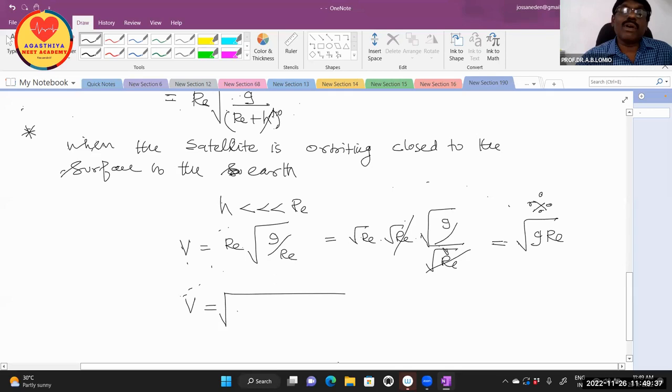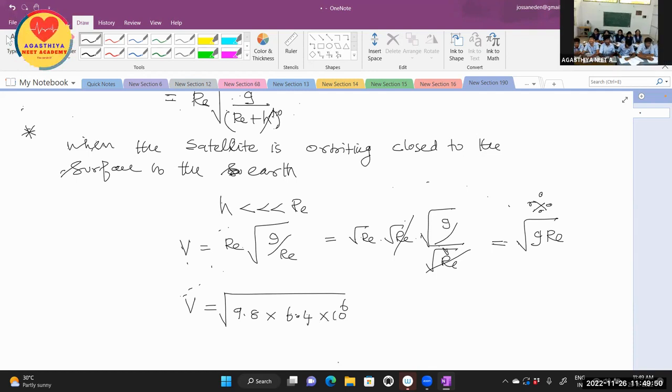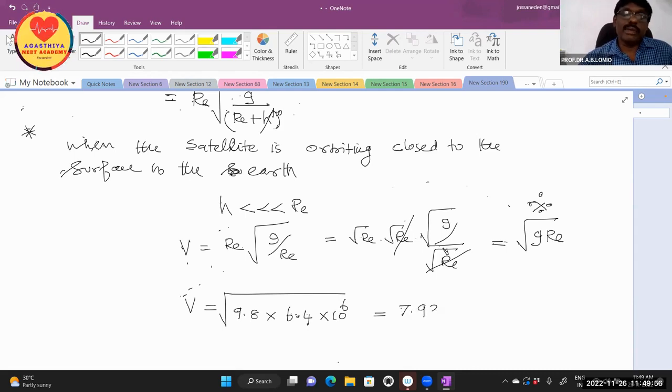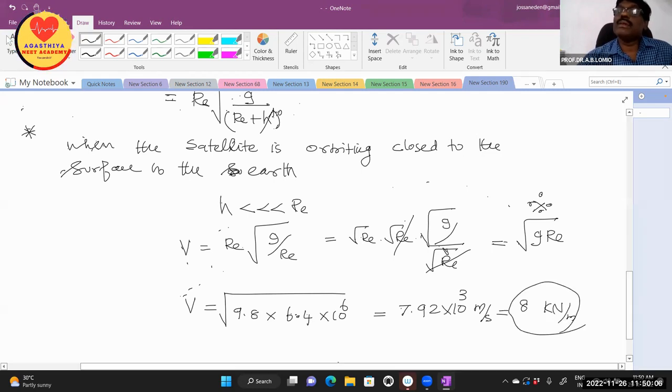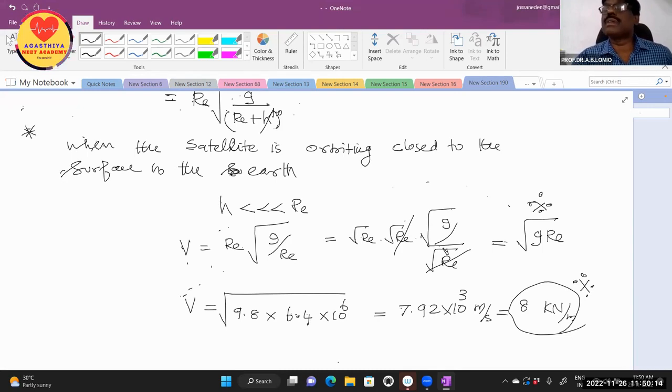When you substitute the value of g as 9.8 and the radius of the Earth as 6.4 times 10 to the power 6, the root of this product is approximately 8 times 10 to the power of 3 meter per second, which is 8 kilometer per second. This is the standard value. You have to remember this orbital speed of the satellite when the satellite is positioned close to the Earth.